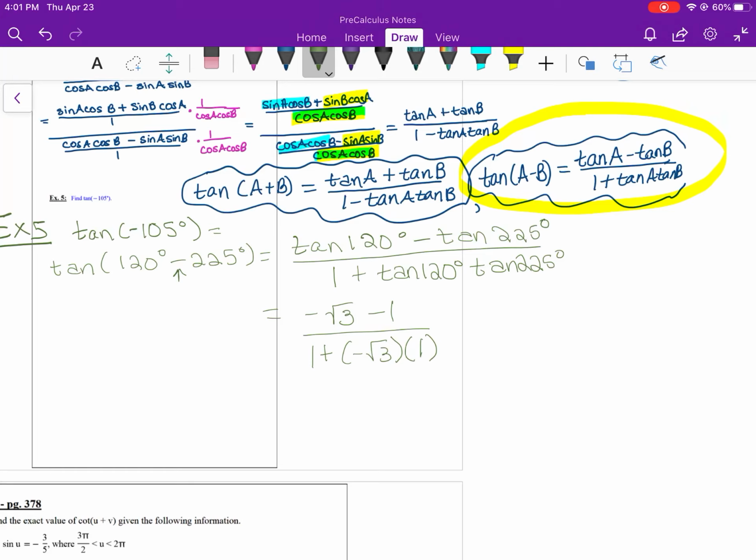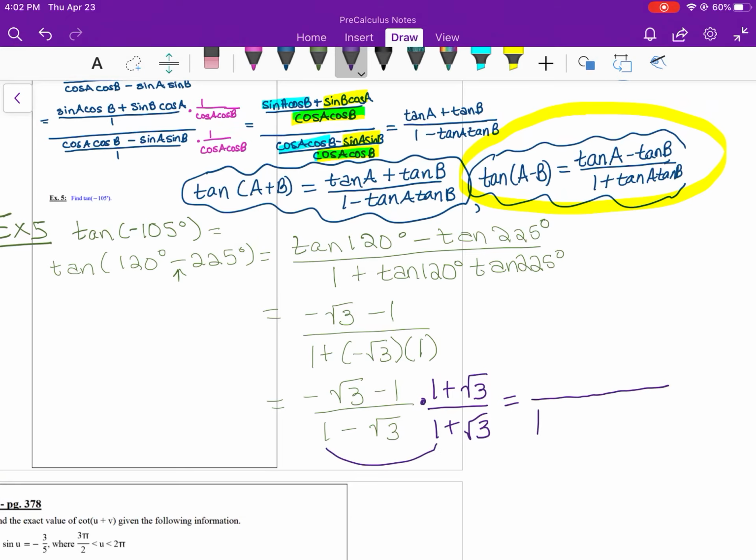Okay, so then we just need to clean this up. Okay, you can't leave your answer like that. You have to multiply by the conjugate. We're using the conjugate of the denominator, so we get rid of the radical in the denominator.